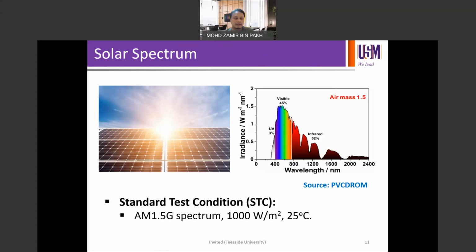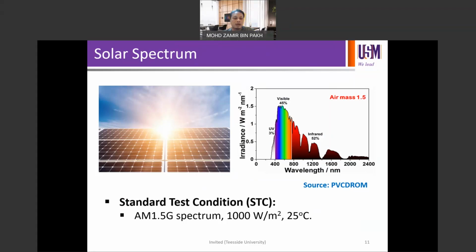When we measure conversion efficiency on any solar cell, we normally have to use a standard called standard test condition, or STC. This condition consists of the AM 1.5G, or AM 1.5 global, solar spectrum, which consists of specular light and diffuse light. We also have AM 1.5D, for direct. One is for global and one is for direct.